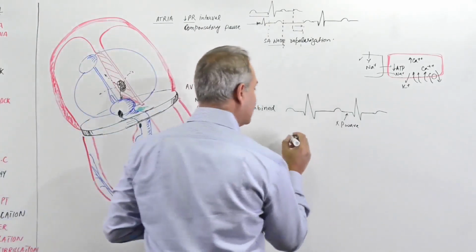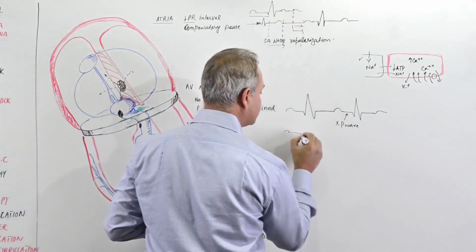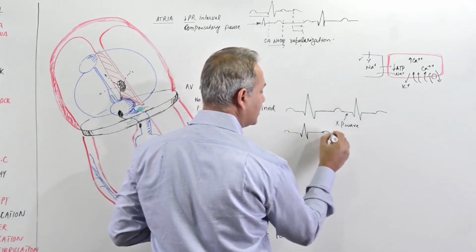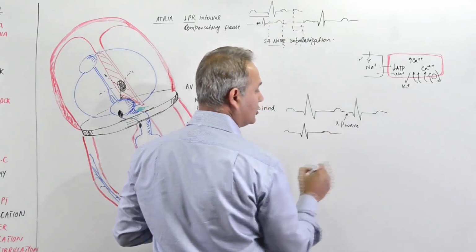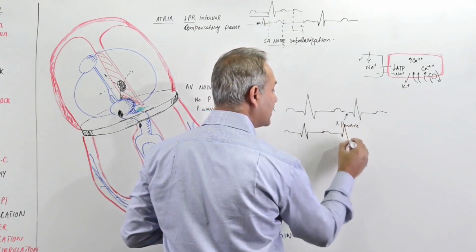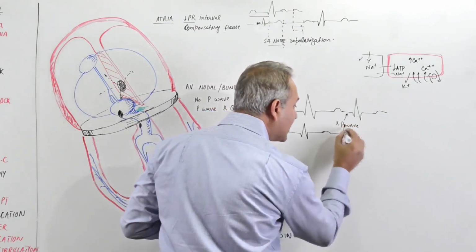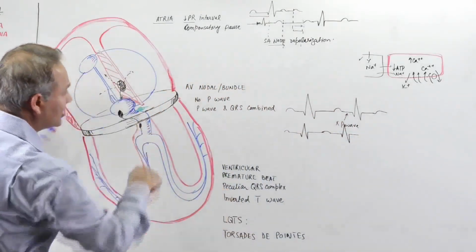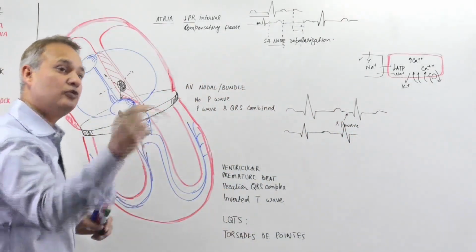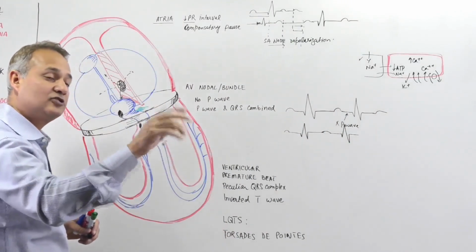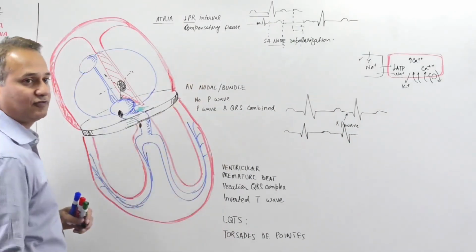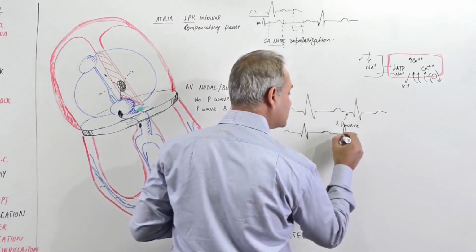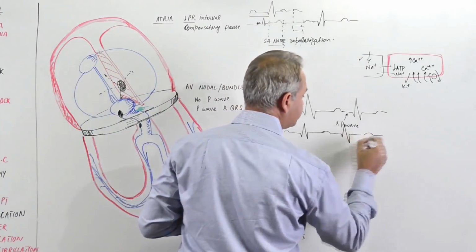So if this is normal, QRS complex, T wave here, the next QRS complex and the P wave are together over here. Why? Because it started from here and both of them occurred together. So the P wave is superimposed on the QRS complex, or the QRS complex is superimposed on the P wave. Interesting. The P wave may or may not be seeable. You may be able to see it or you may not.